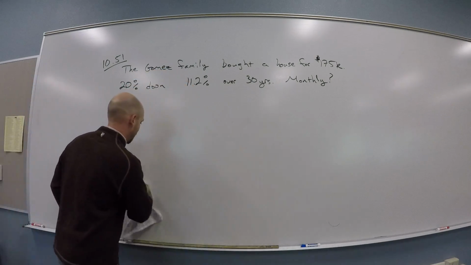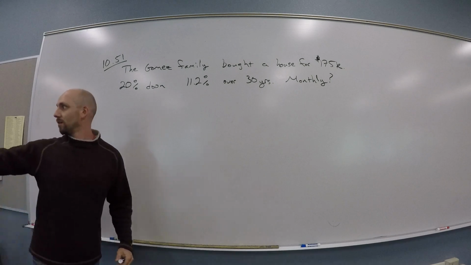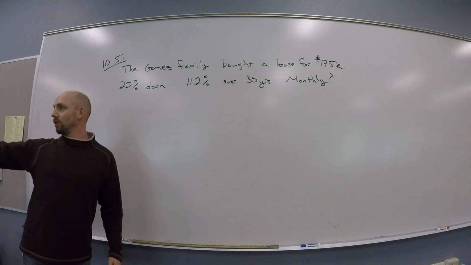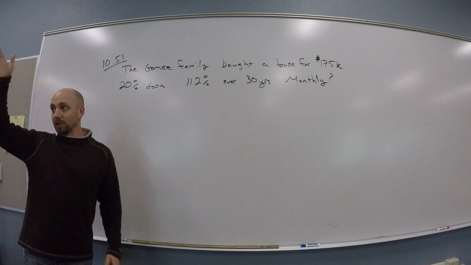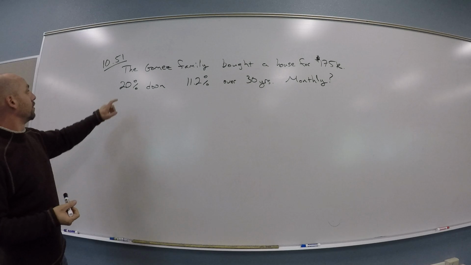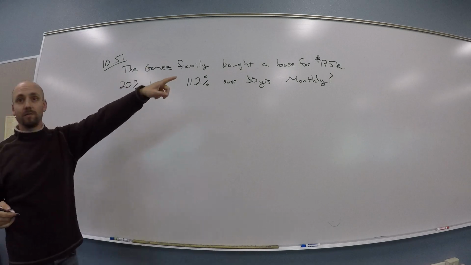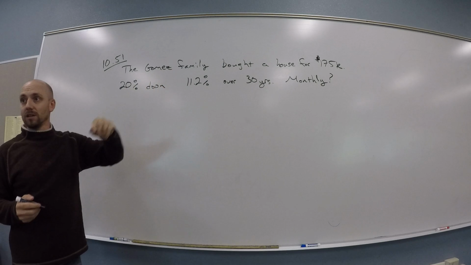I would figure out whatever the principal is by figuring out the 20%. Good. So you need to figure out how much money they need to borrow first things first. 140,000. So you did 20% of 175, which is 35,000.